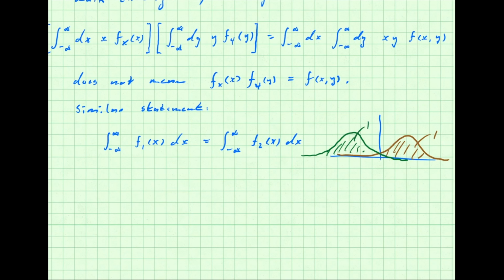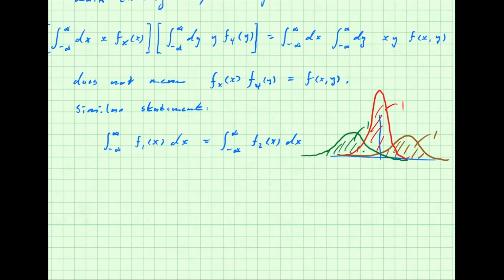Or it doesn't even have to be the same function. It could be something that looks like this. These three things might all have area 1 underneath them, but they're certainly not the same function. So be careful when you see integrals equal to each other and drawing the conclusion that the integrands are the same.